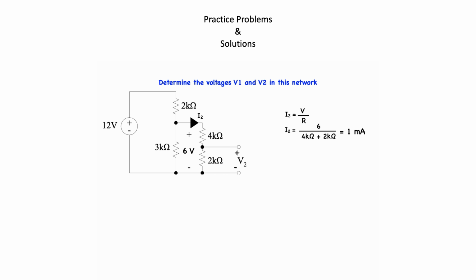We can again use Ohm's law to calculate the voltage drop across the 2 k ohm resistor, which is V2, and is calculated by multiplying 1 milliamp times 2 k ohms to give us 2 volts, which not surprisingly gives us the same solution that we calculated previously using voltage division.